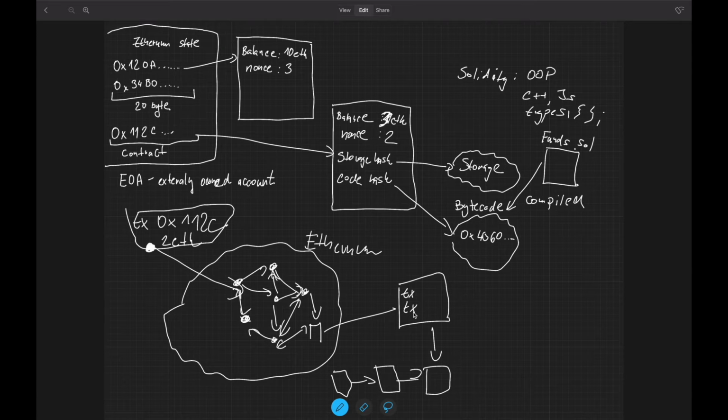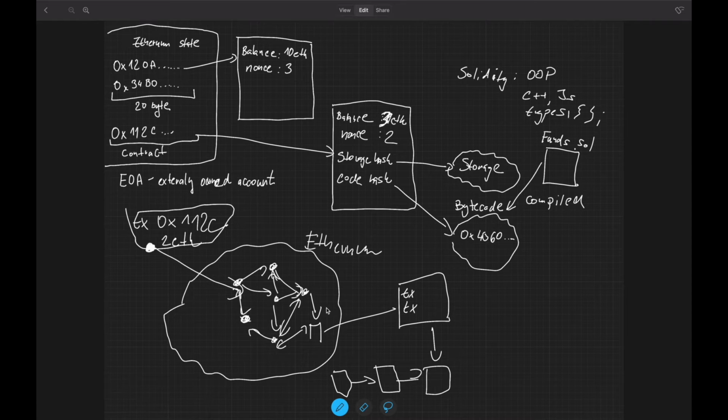In exchange for the miner having to spend the resources, computational power, to mine this block, the miner will get a reward: new ether is created and it's sent to the miner. Okay, I think now approximately the miner will get something around 3 ether. So the miner will mine the block with the transactions, add it to the blockchain, and as the reward, the miner will get some ether from Ethereum.